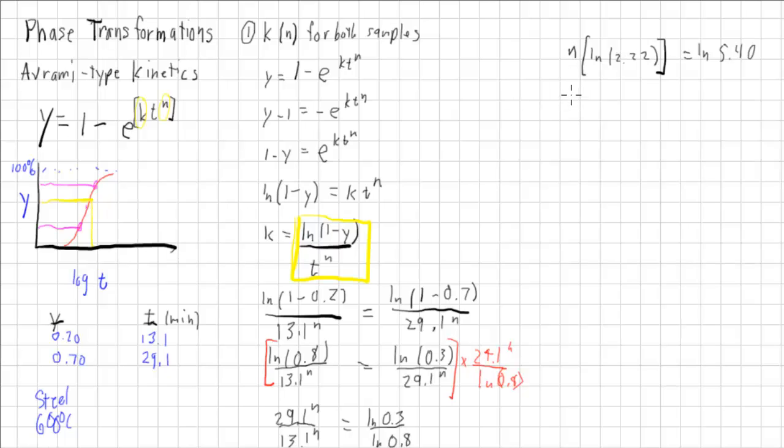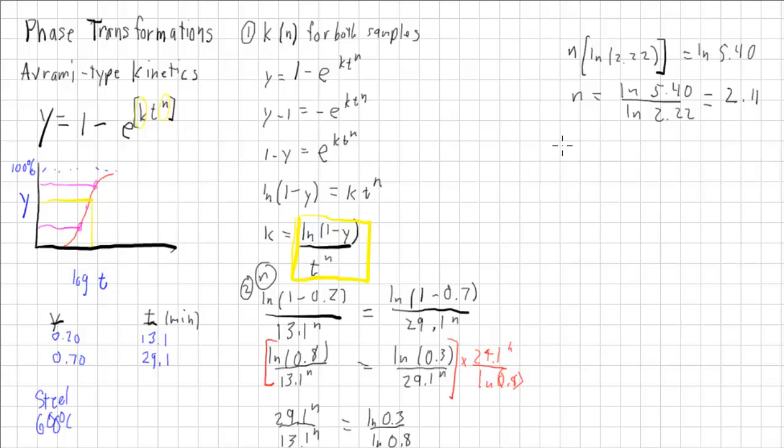So I set n equal to the natural log of 5.40 divided by the natural log of 2.22, and plugging that into the calculator, we can get 2.11. All right, so now we found the second thing that we're trying to do, finding n.